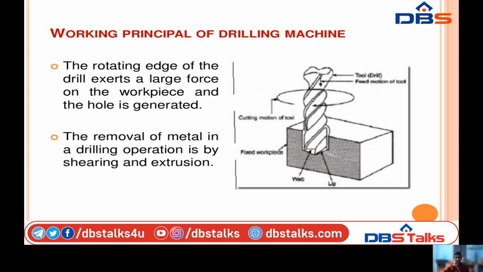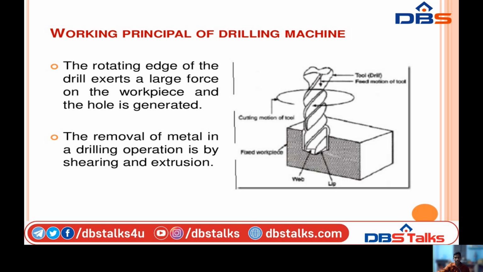Working principle of the drilling machine. The main working principle of the drilling machine is the rotating edge of the drill. That means the end point of the cutting tool, which is nothing but the drill bit.